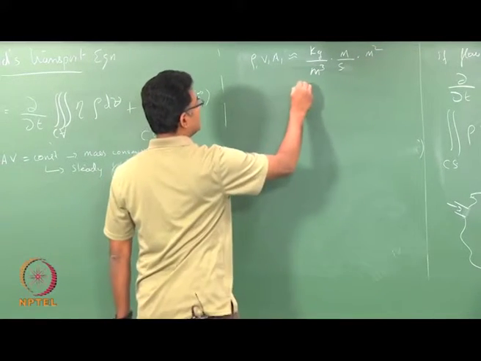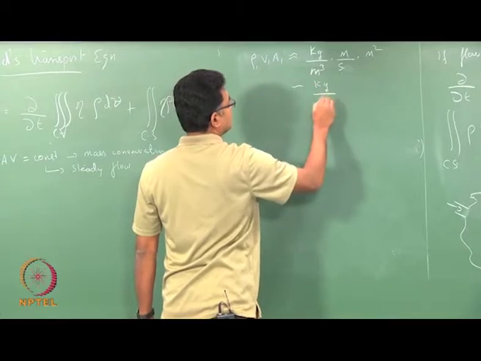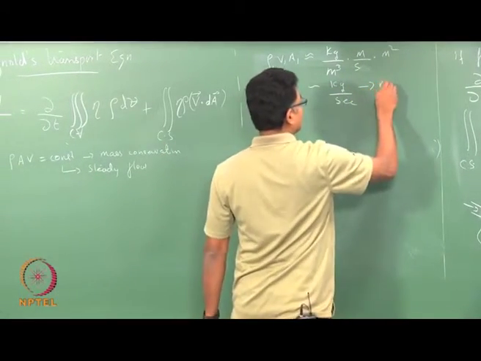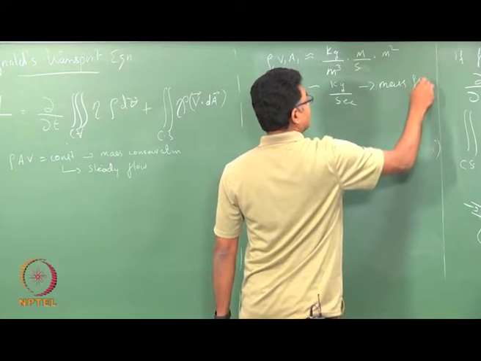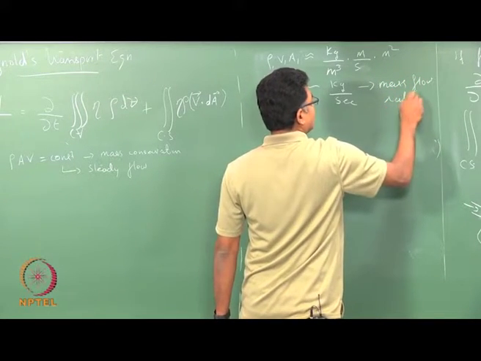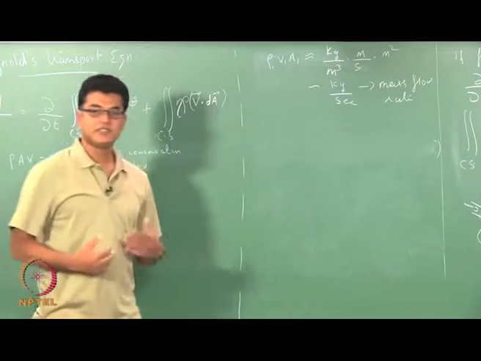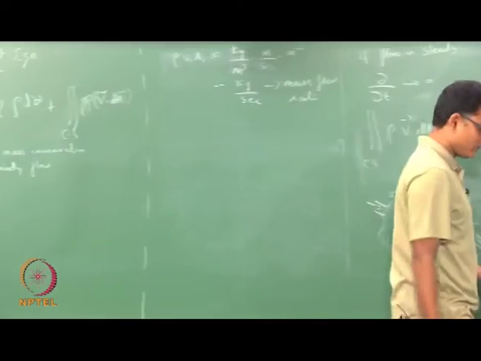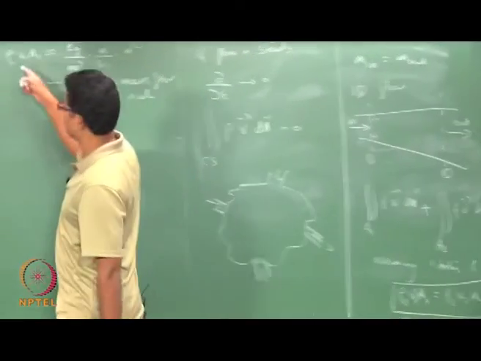So, this is kg per second. So, this is mass flow rate. Okay. The rate at which the mass is flowing in any 1D system is what is given here as rho A V.